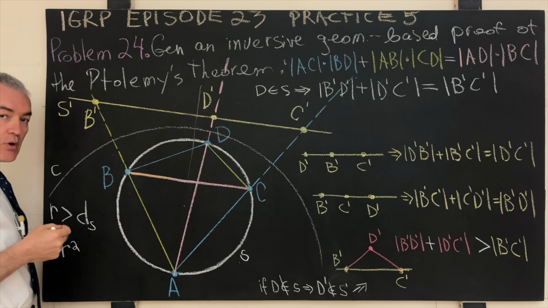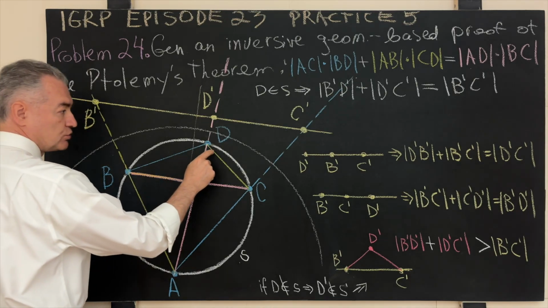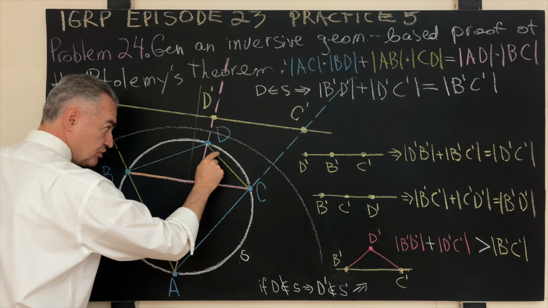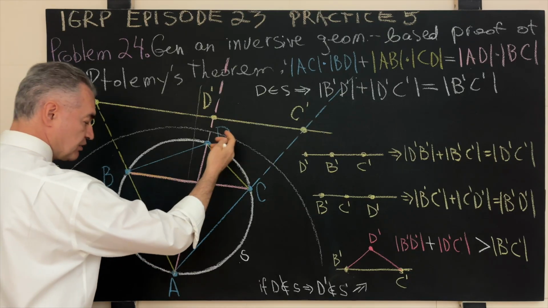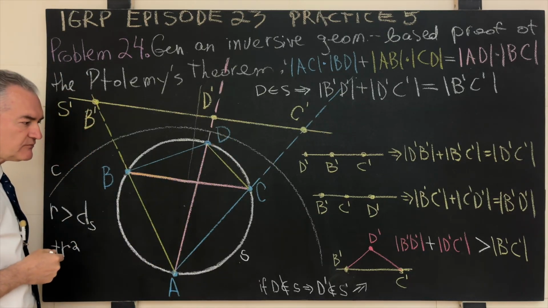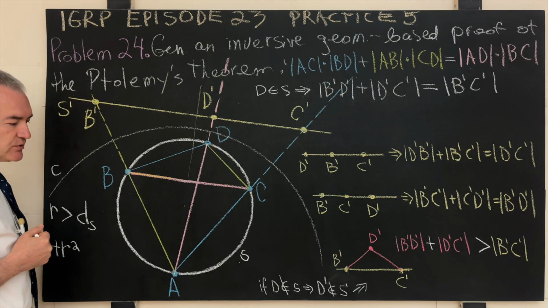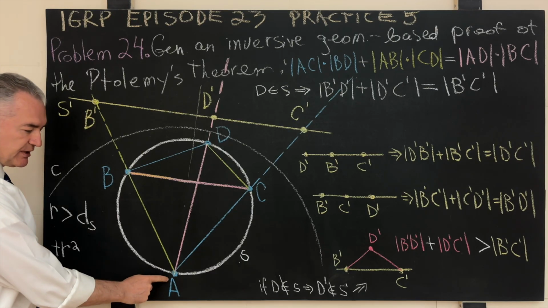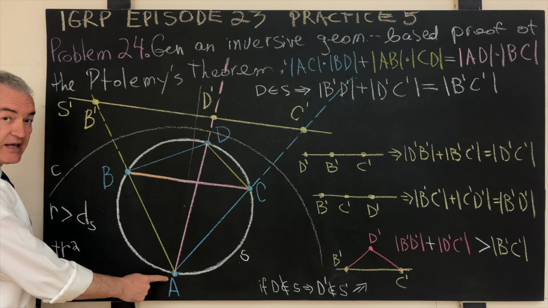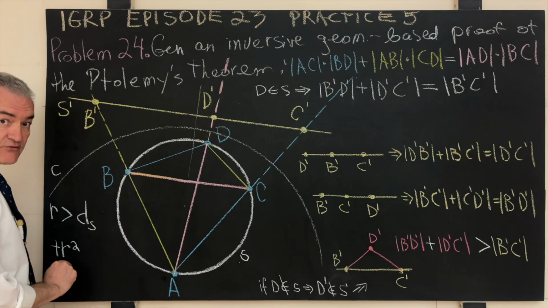But let's say the point D does belong to the parent plane. Then it is under no obligation to belong to the circle S. It may belong to the circle S, or it may not. And in this case, we want to consider the following situation. Let's say we already picked the point A to be the center of inversion. The power of inversion is positive.